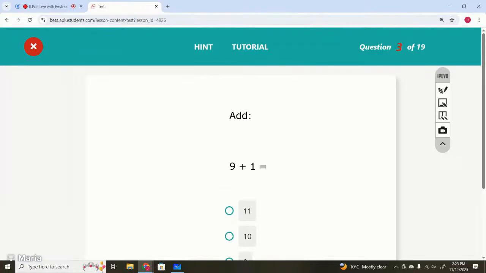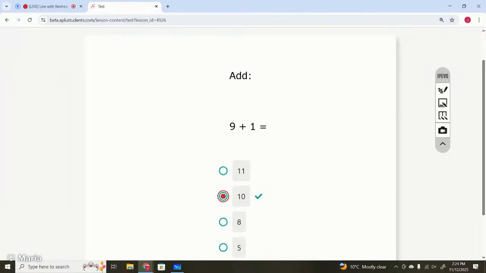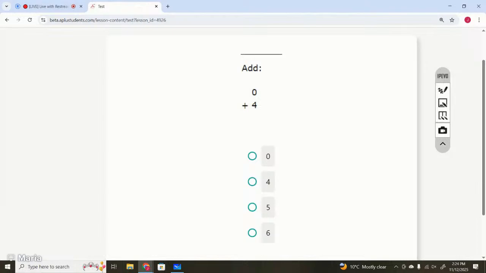9 plus 1. Yes, 10. 9 plus 1 makes 10. The correct option is 10.